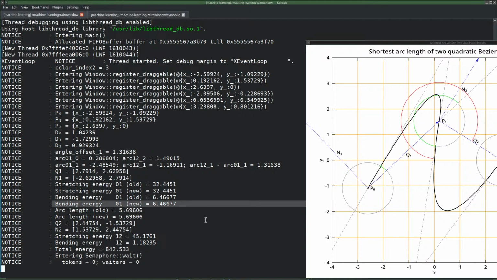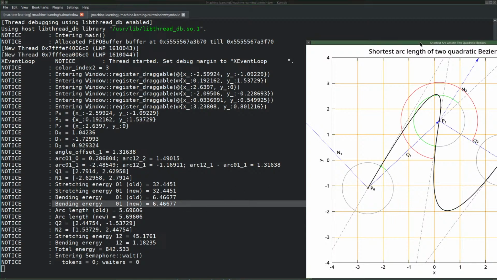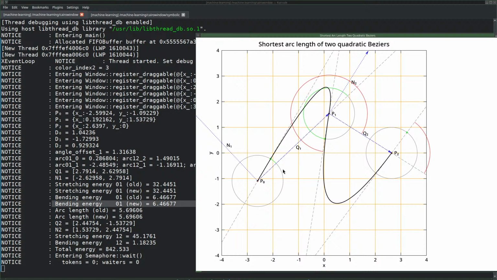Unbelievable. One hit. It just works. So good. So yeah, this thing should have a minimum somewhere else.